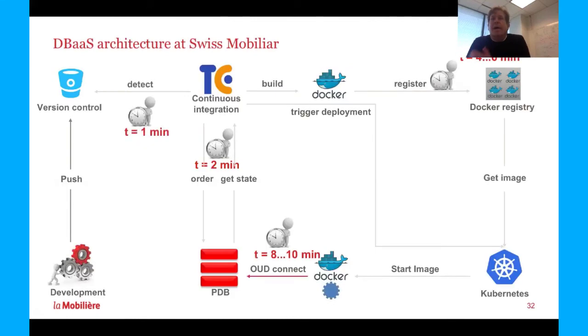But ultimately what happens at the end, the connect string is pushed into the Docker image and returned to the requester so that they have the PDB up and open and they have the defined connect string available to them, all within 8 to 10 minutes.